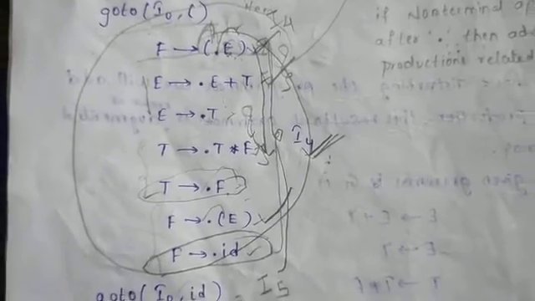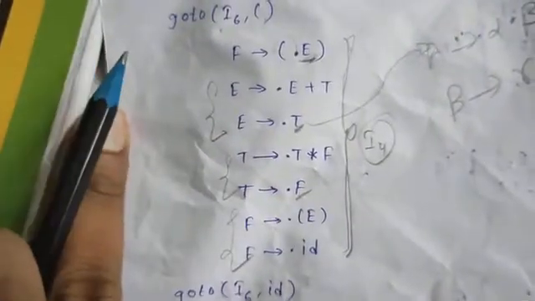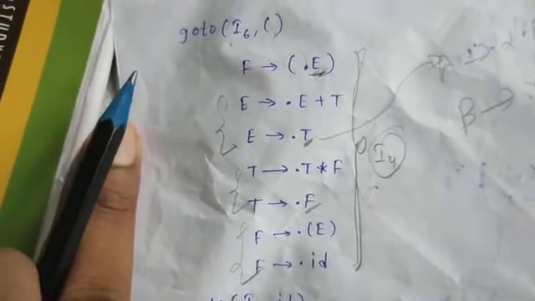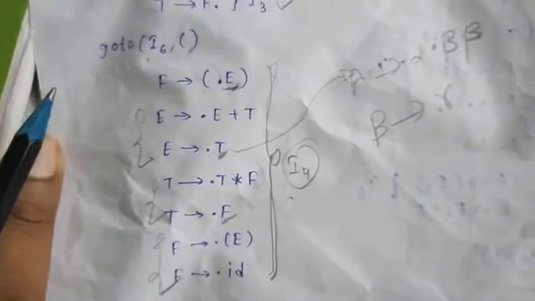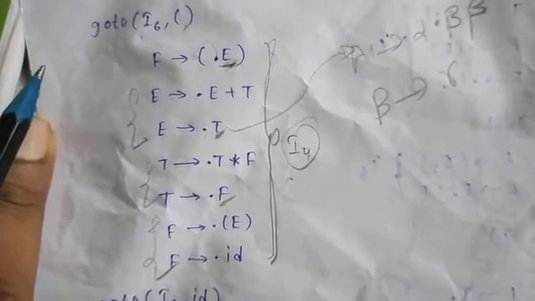It will completely match with I4, so it should be numbered as the I4 state. Why? Because it is not a new state, it already existed before. It looks like the same I4 state, so it should be numbered I4.